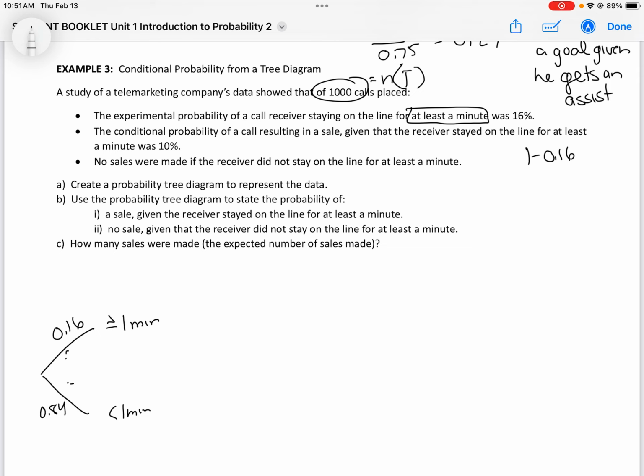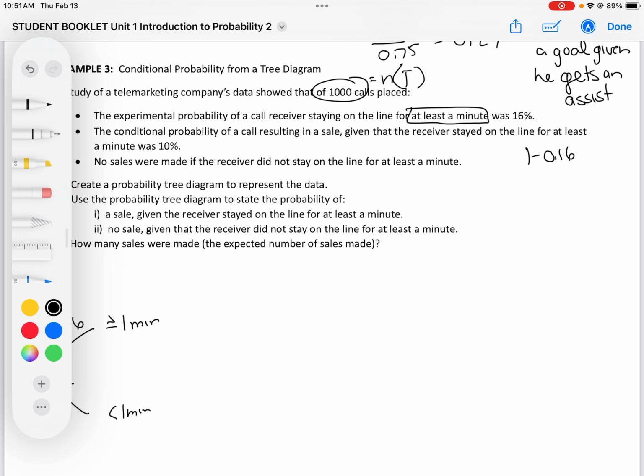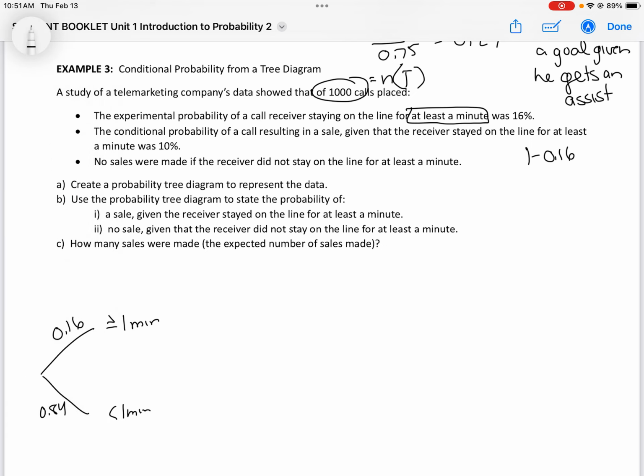These two add up to 100. Now the conditional probability of a call resulting in a sale: there is a sale given that the receiver stayed on the line for at least a minute is 10%.